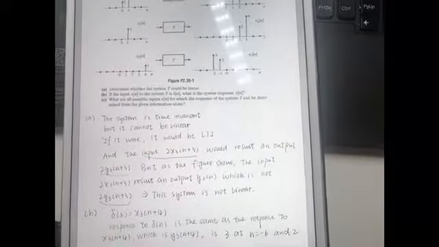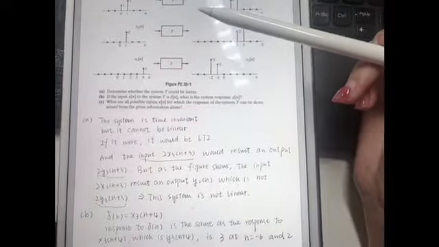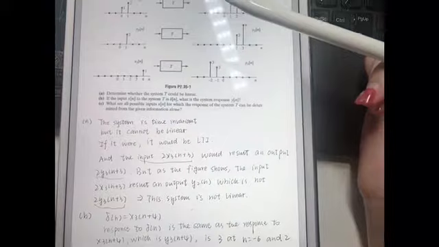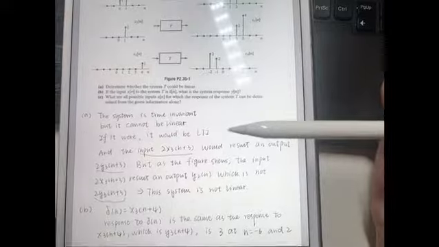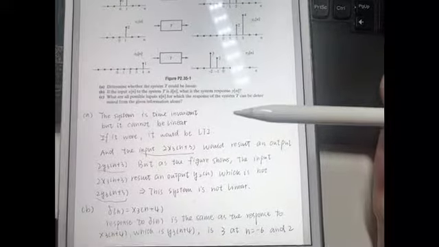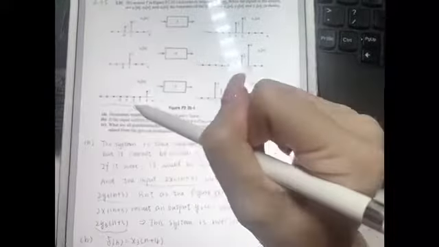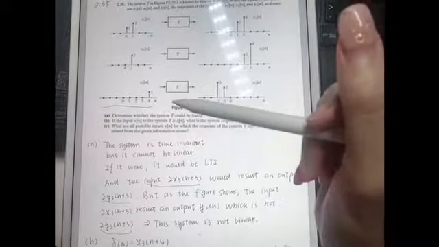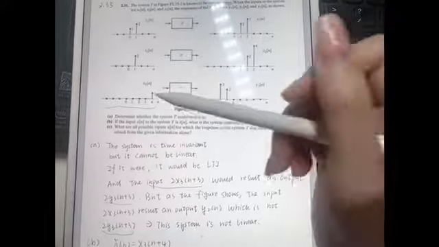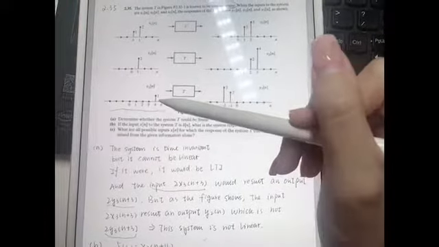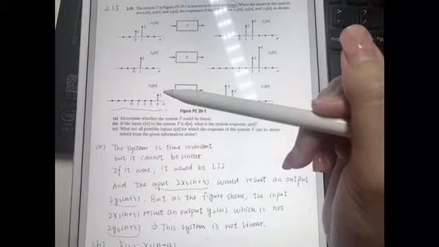At first we need to find out an input in these three figures which can be changed into the impulse function by some change. So we choose this function because it's just a time shifting for this input to become a simple impulse function.